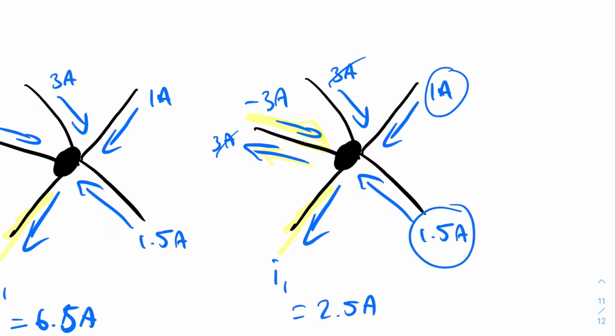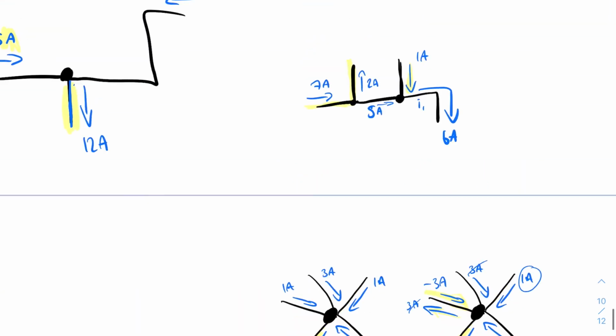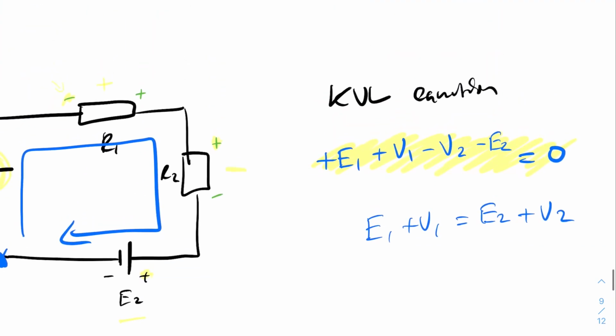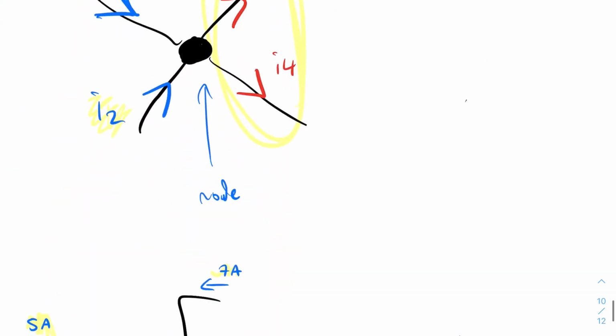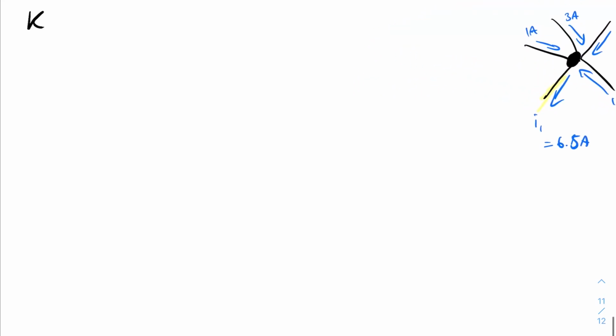Just the same as we were able to write KVL equations up here, similarly for nodes we write KCL equations. So let's put a KCL equation. Imagine we've got a node. Let's do another node, make it bigger.